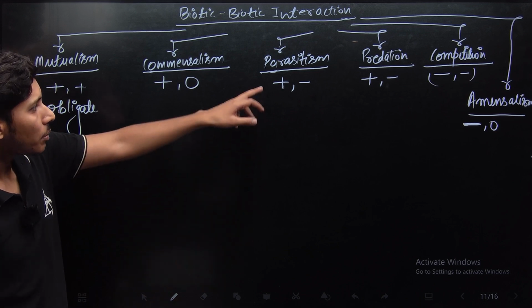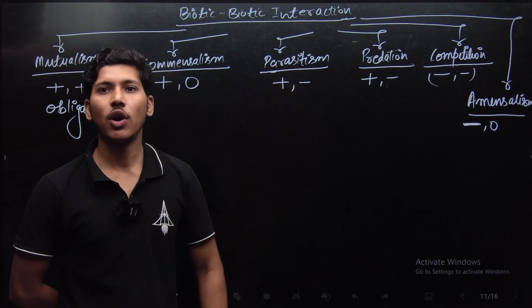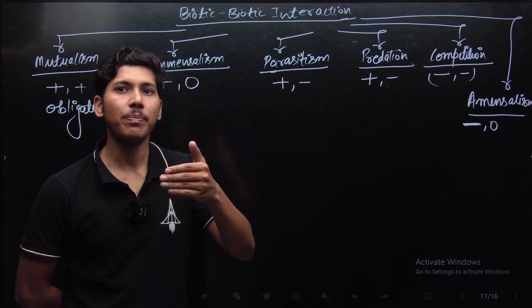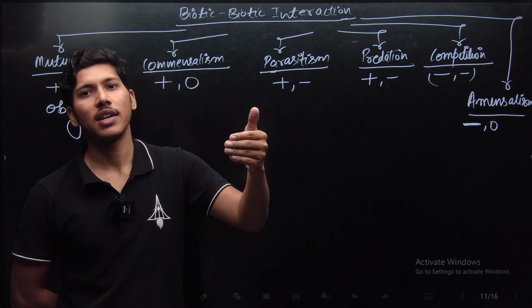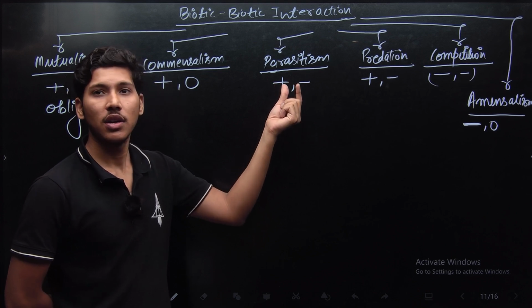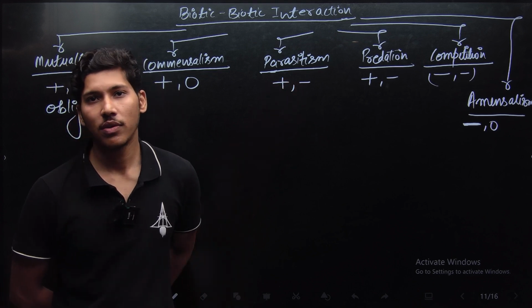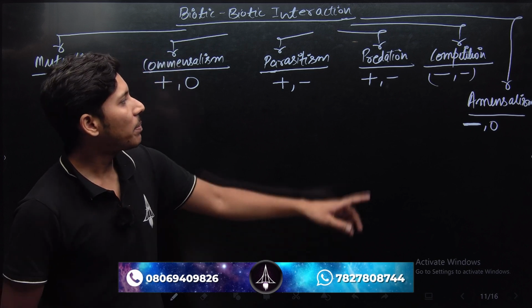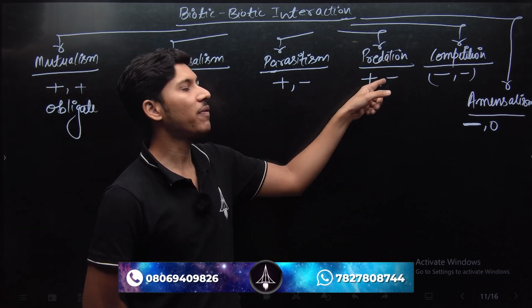Okay? Parasitism: in this interaction, one of them benefits while the other is harmed, but the one who is harmed is not killed directly or instantly. But in predation, the same type of interaction is happening.